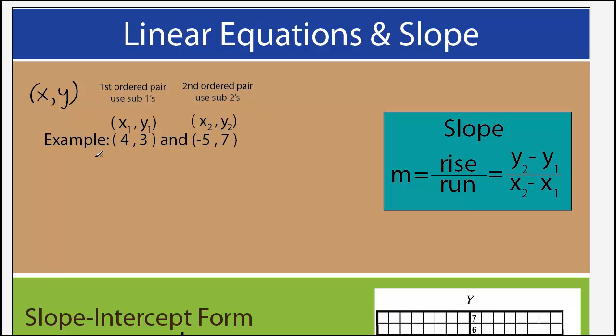So let's take a look at this example, and we're going to look over here at slope. Slope is just how steep or shallow a line is. If we have a graph and a line coming through, we're seeing how much it changes up to how much it changes over, that'd be straight across.